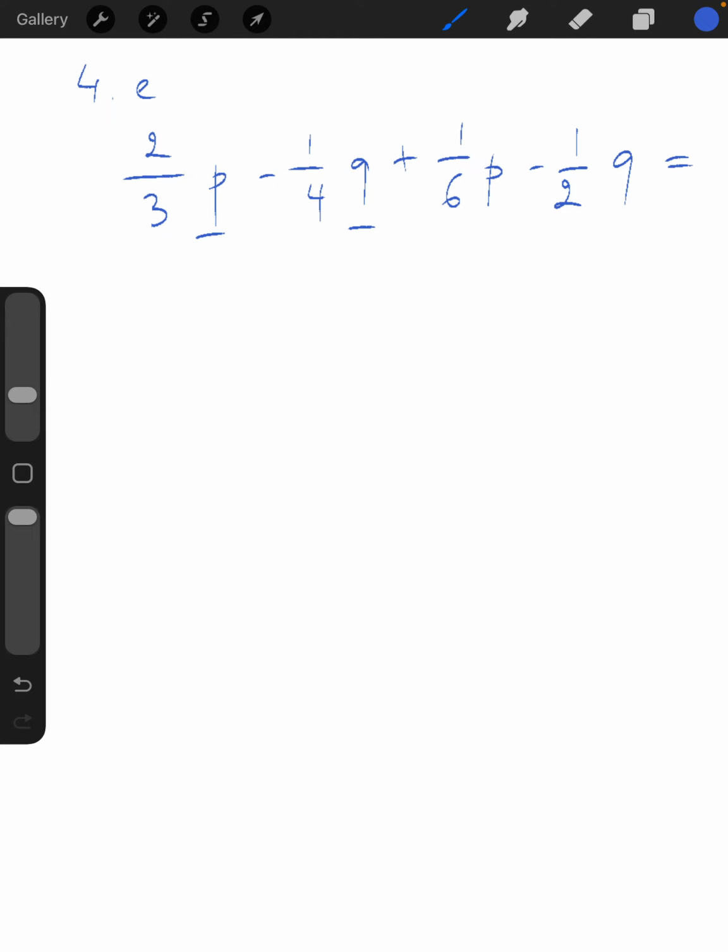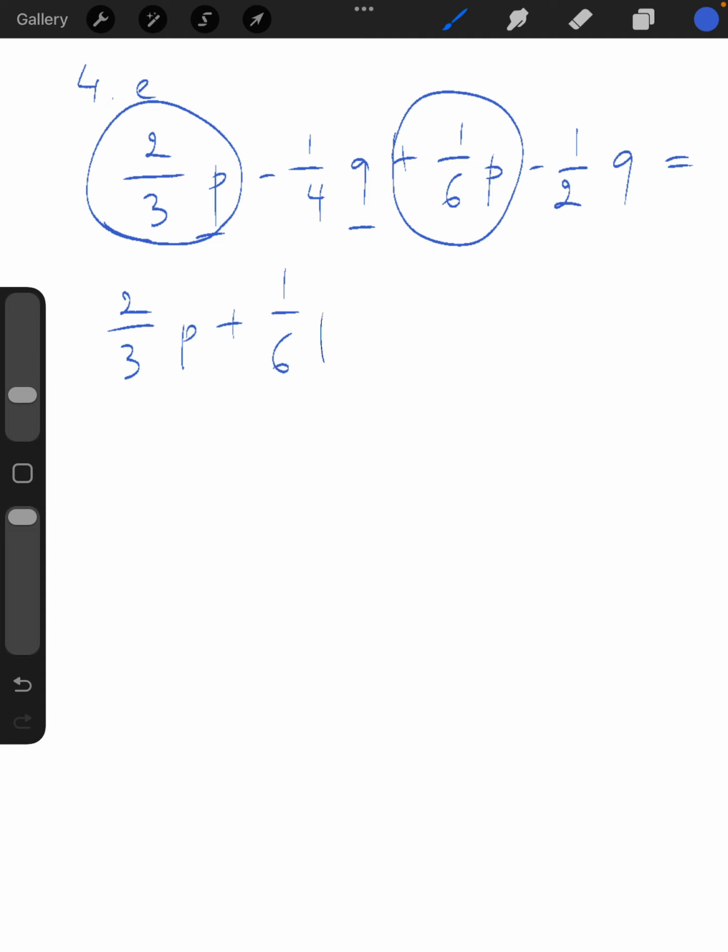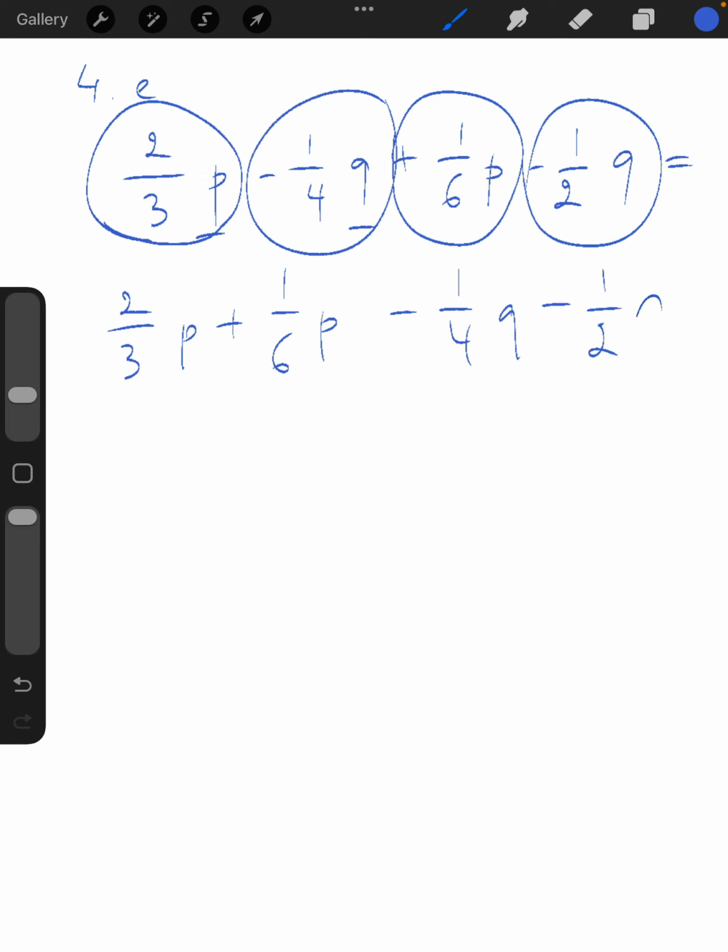So what I say in these kinds of problems, guys, is just combine like terms. Okay, here's that. So we've got 2/3 p plus 1/6 p. Then we've got negative quarter q and another negative half q, right? And here you're going to have to bring all the like terms to common denominators and solve as usual.